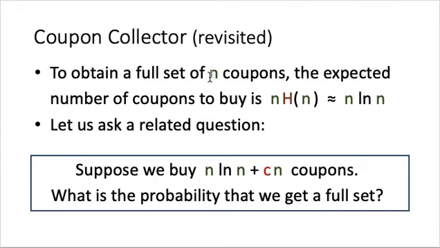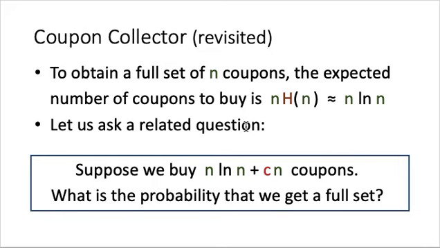Our target is to get a full set of n coupons that contains each type of coupon. And previously, we have shown that the expected number of coupons to buy is n times the harmonic number of n, and this value is roughly n times log of n.